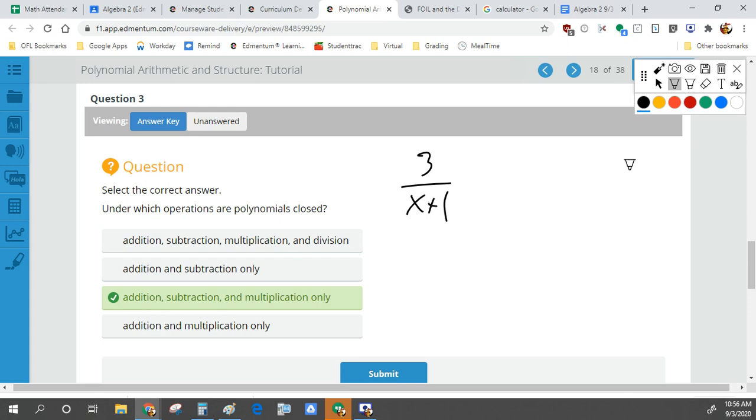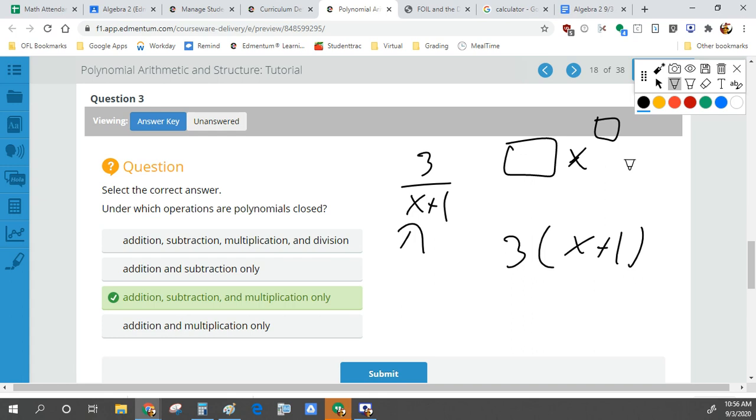This isn't a polynomial because polynomials are a coefficient, a variable, and an exponent. This one is like, well, what's the coefficient? The variable's here. The exponent is where? So it would look something like this if we kind of tried to make it that.